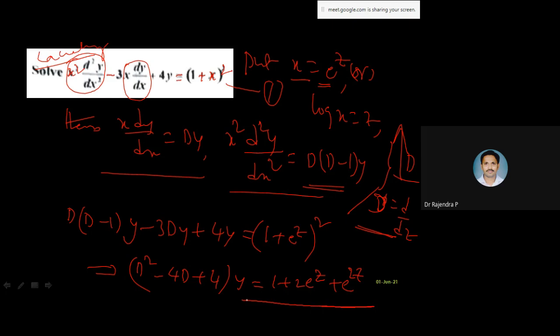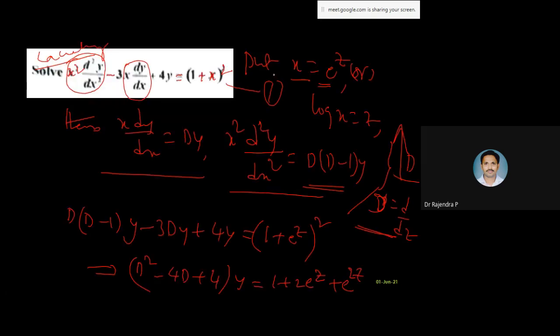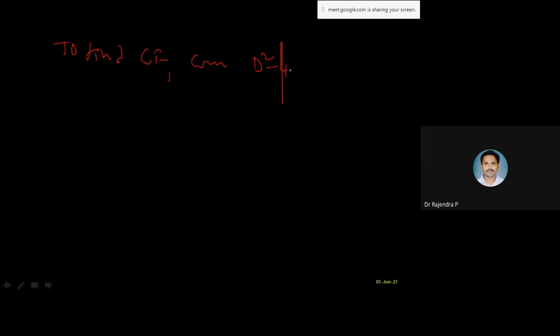Is it reduced to LDE with constant coefficients? Is it reduced or not? Yes, sir. So now we have to find the complementary function. First, as usual, D square minus 4D plus 4 into y is equal to 0.